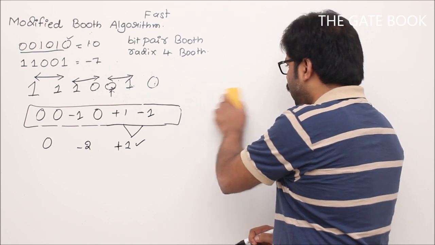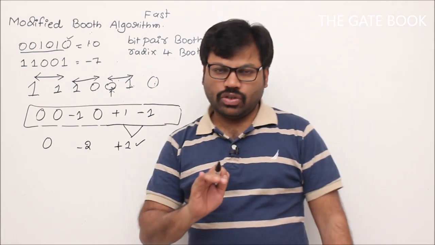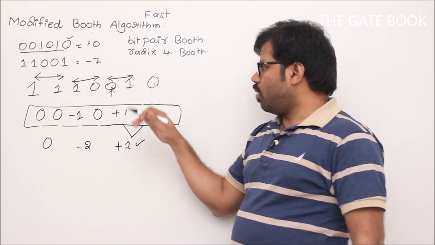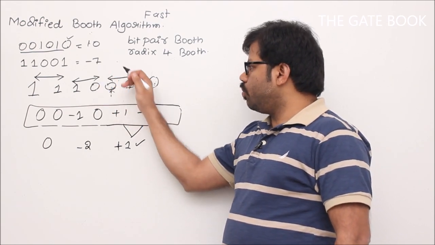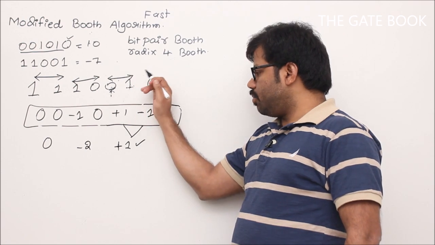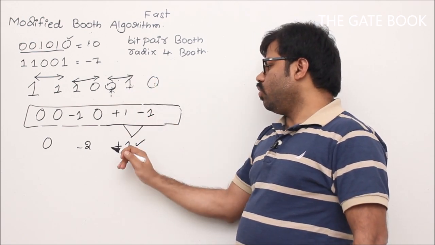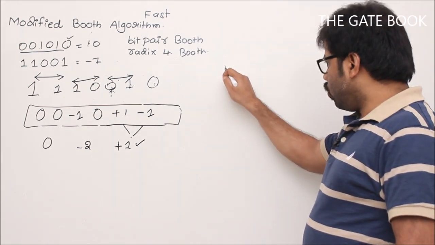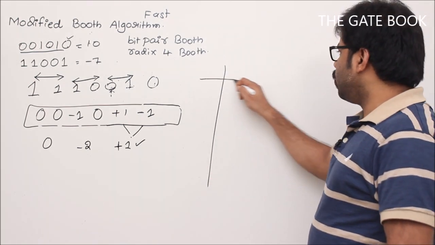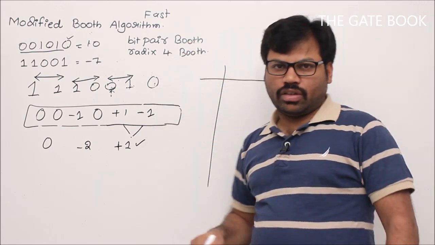So finally what I want to tell you is the circuit which you are going to design is going to observe 2 bits at a time. By observing these 2 bits along with the next right side bit as a support, it is going to do these actions. So now we'll build a table to describe all the actions possible in this modified Booth algorithm.